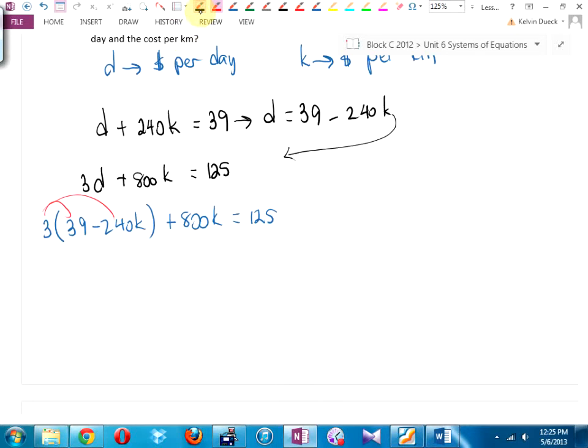Three times 39, well, 3 times 40 would be 120. So 3 times 39 is going to be 117. Minus 720K. Okay. Plus 800K equals 125.